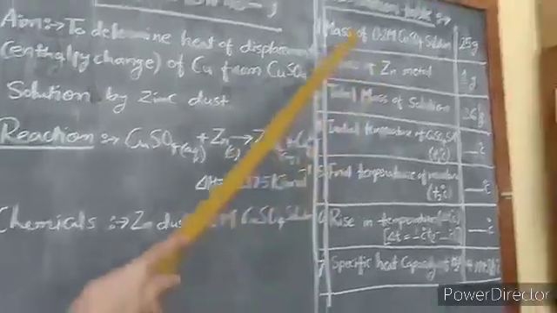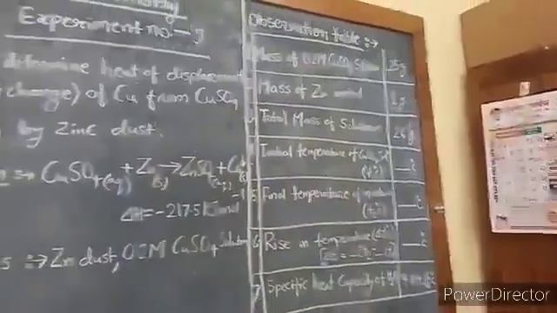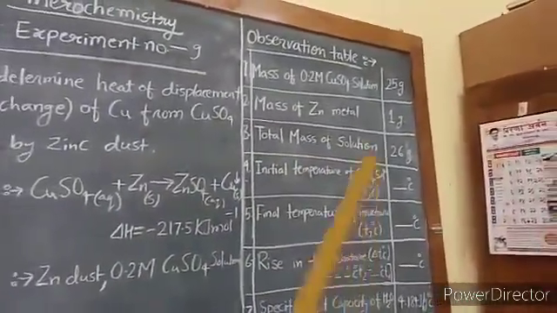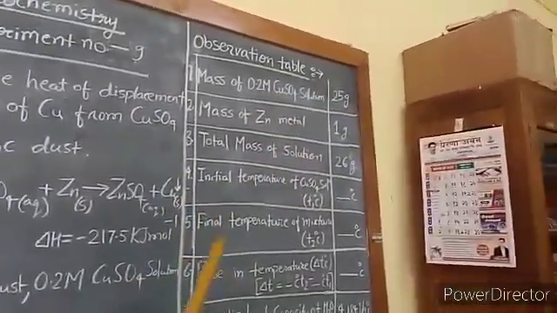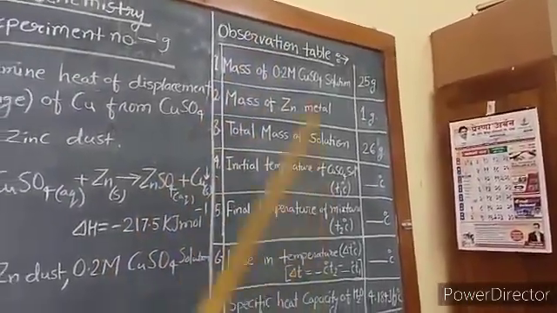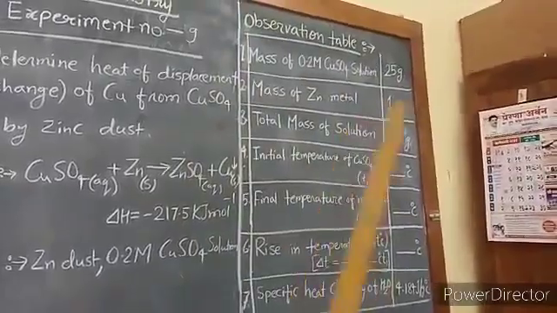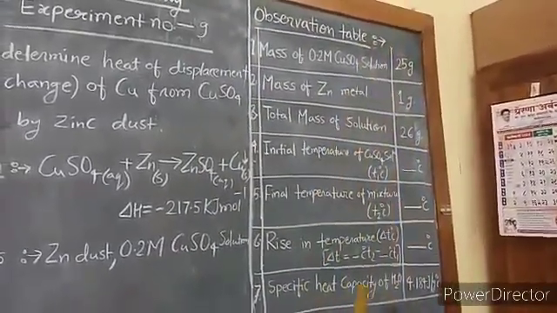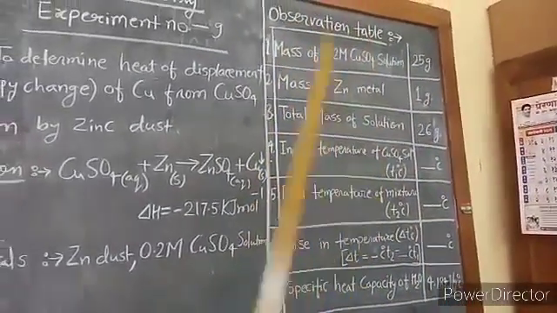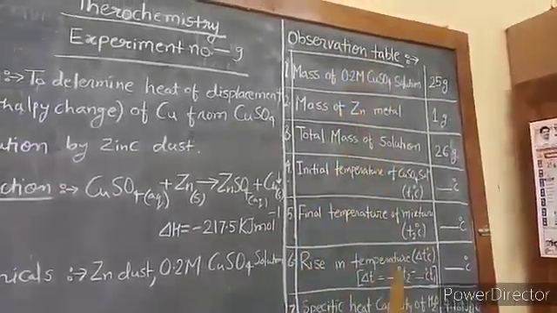You can see over here, this is our observation table. During the practical, what we have to do will be clear with the help of this observation table. I will again show you during the demonstration how the values should be measured.